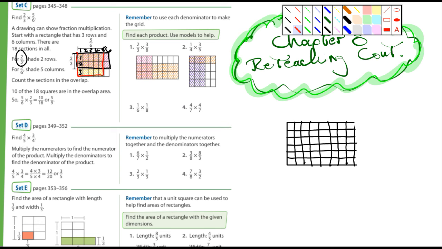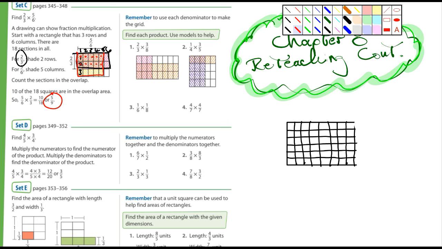It almost looks, to me, kind of orangish, so it's 5/9 is what it reduces down to, looks like. So it'd be, as they say, 10 of the 18 squares. So if we were to count, there'd be 1, 2, 3, 4, 5, 6, 7, 8, 9, 10. 10 out of the 18 squares, which, as I said, reduces down to 5/9.